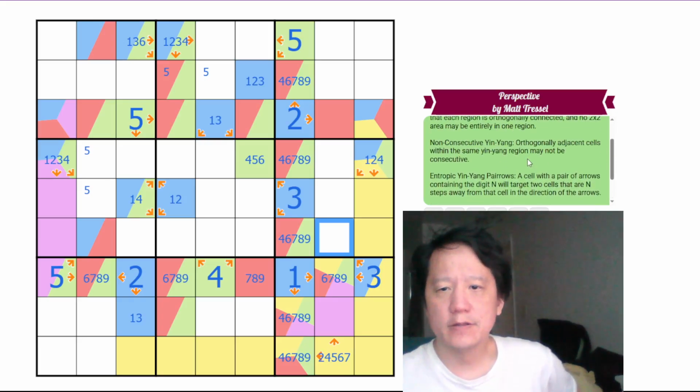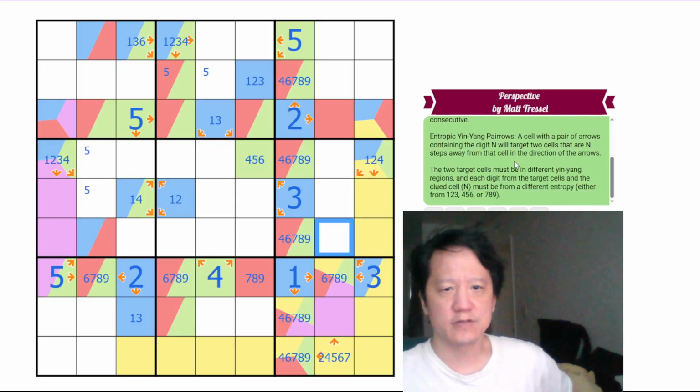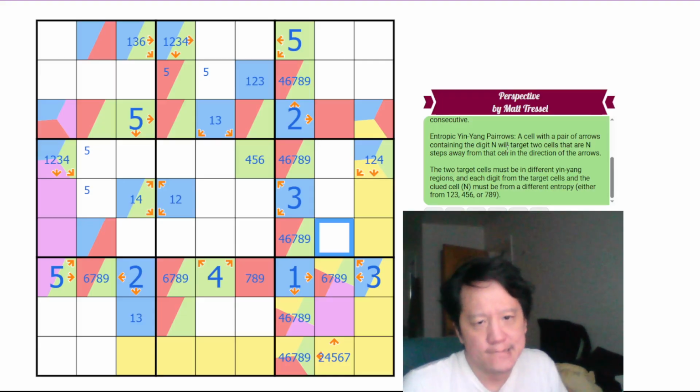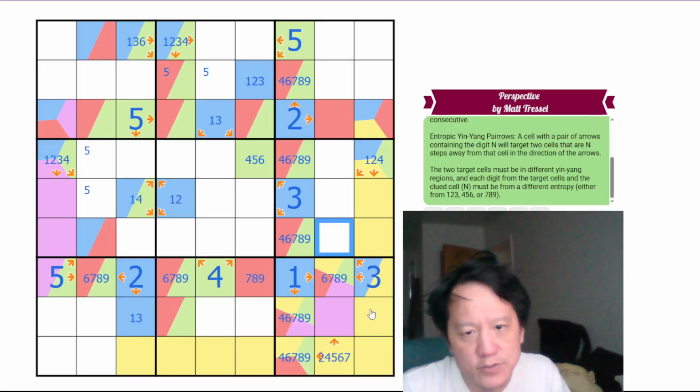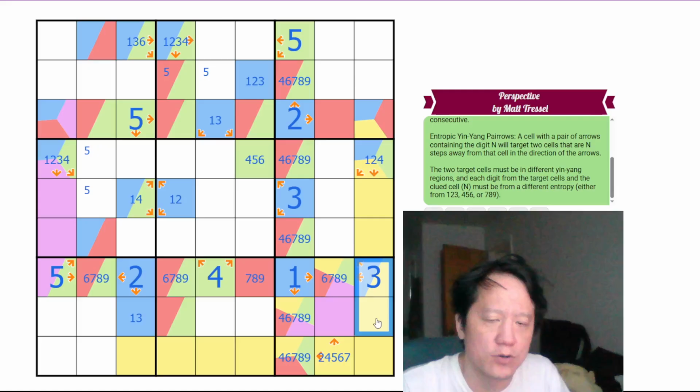Oh, right. No orthogonally adjacent cells within the same yin-yang may not be consecutive. There's also that. Interesting. So this cannot be 2 here or 4.